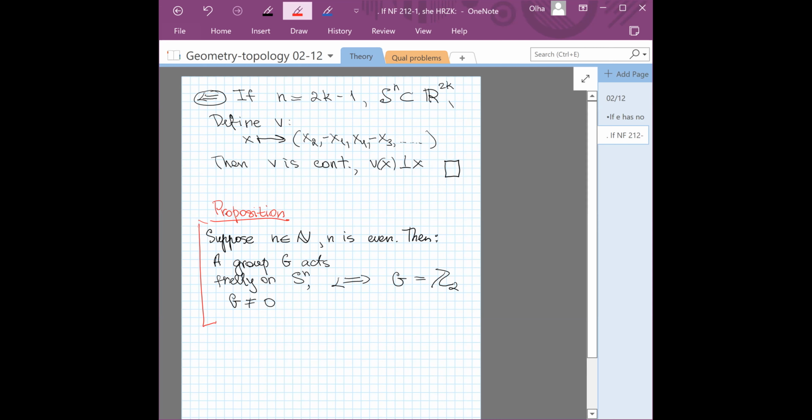And by saying that it acts freely, we're basically just saying that whenever the element of G is not trivial, the action is not gonna have fixed points. So for the proof, we again need to do 2 ways.